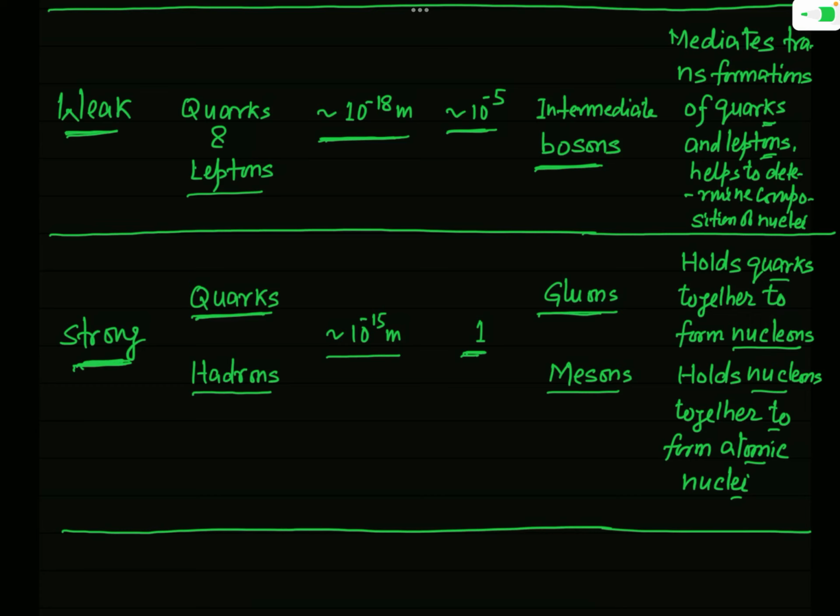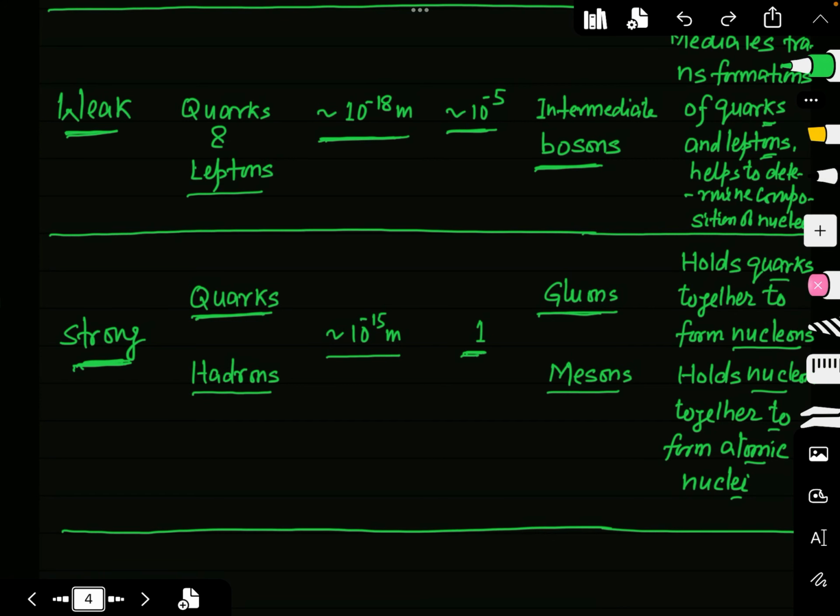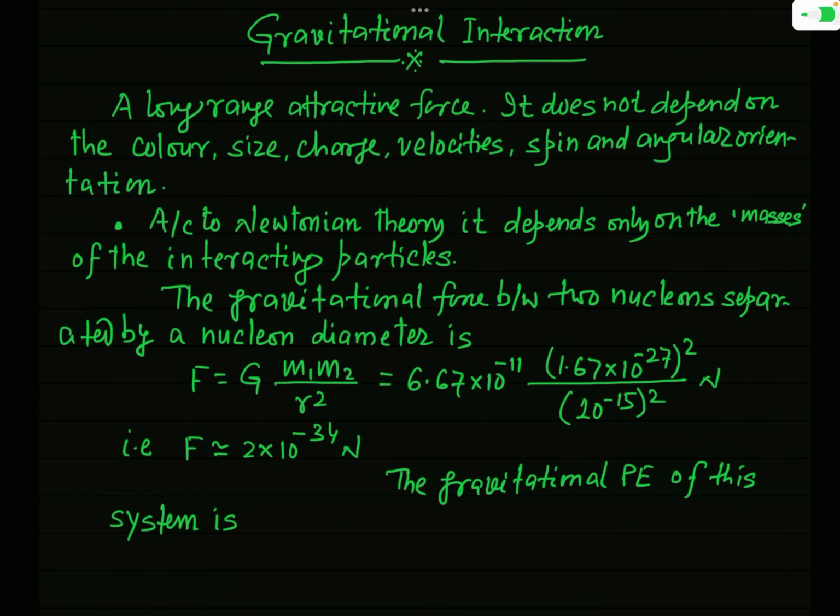Gravitational interaction has no role when you study the interaction between elementary particles, but as it is one of the fundamental interactions, we will see something regarding it in this lecture. And then in a forthcoming lecture we will separately discuss the other three interactions, that is the electromagnetic interaction, weak interaction, and the strong interaction. So let us see something regarding this gravitational interaction.